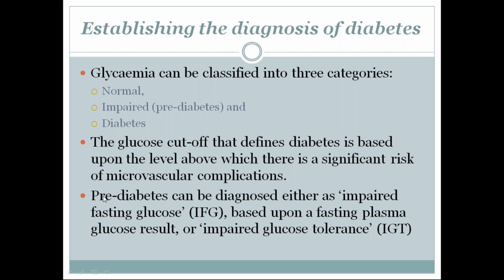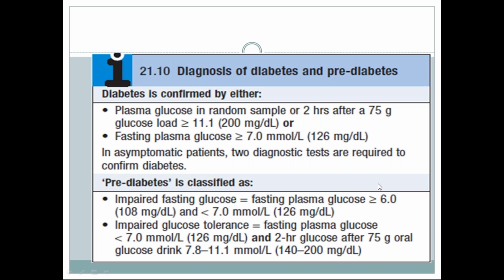Pre-diabetes can be diagnosed either as impaired fasting glucose, based upon the fasting plasma glucose result, or impaired glucose tolerance. So how do you diagnose them as diabetes or pre-diabetes? The patient is subjected to a glucose load, that is, the patient is given 75 grams of glucose, and immediately before giving this 75 grams of glucose, the blood sample is taken and assessed.